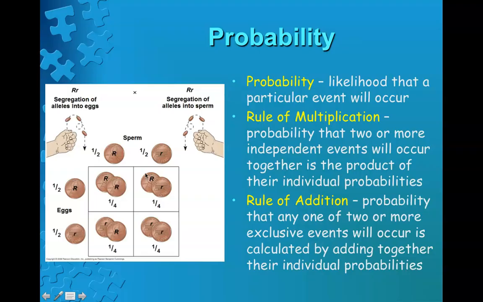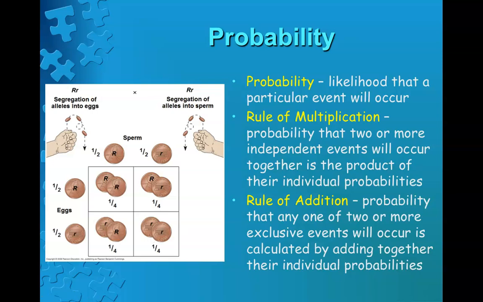If I know that one parent is a head and a tail, so is my other parent, then 50% or half of their sperm has to be heads, 50% has to be tails, same thing with the eggs. The probability of getting two heads together is 50% times 50%, which gets me 25%. Same thing with everybody else.